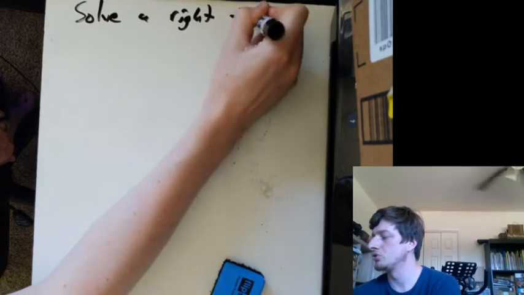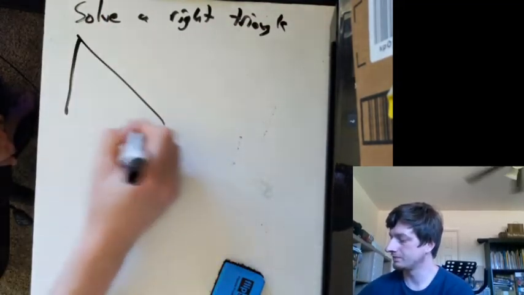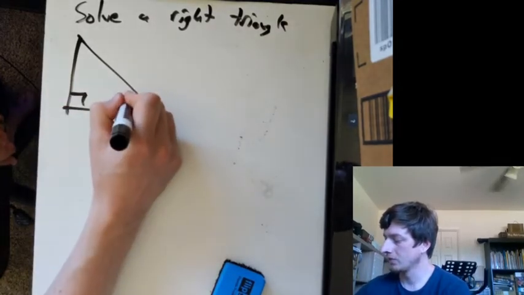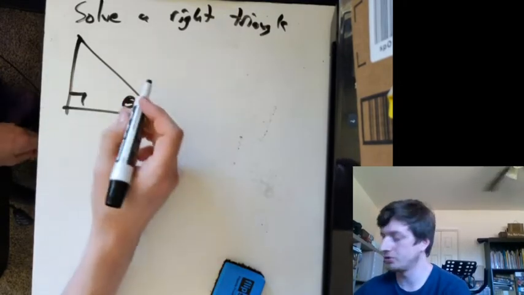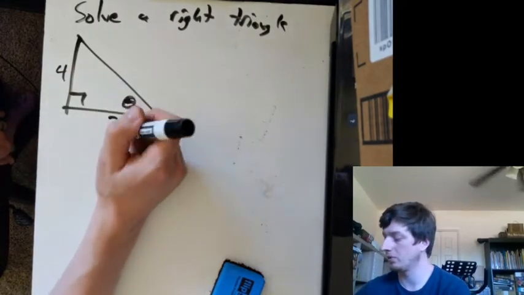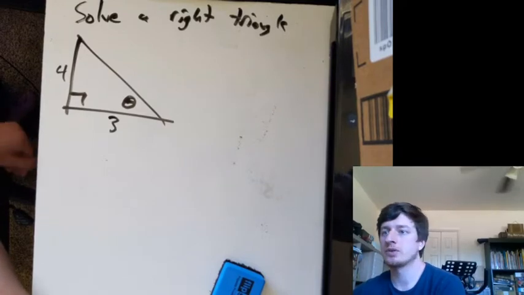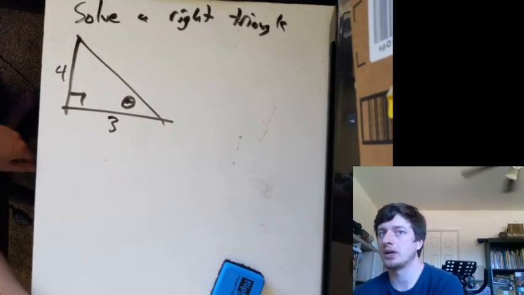Okay, so you need two pieces of information to solve a right triangle. Here's our right triangle. Here's the angle we're going to use, and we'll just do a 3 and a 4 here, and we'll figure out this hypotenuse. Each of these trig functions has an inverse that lets you find angles.